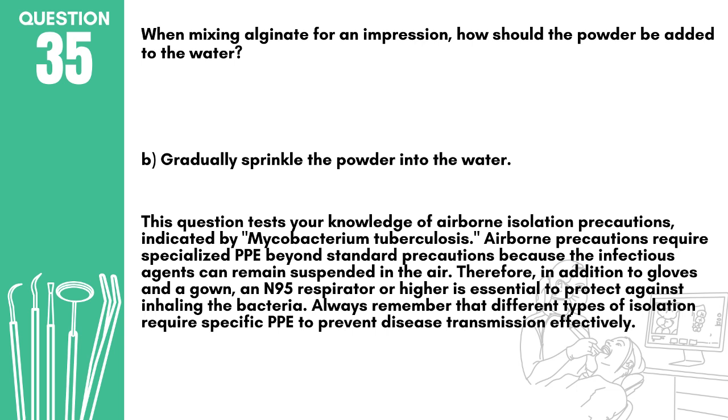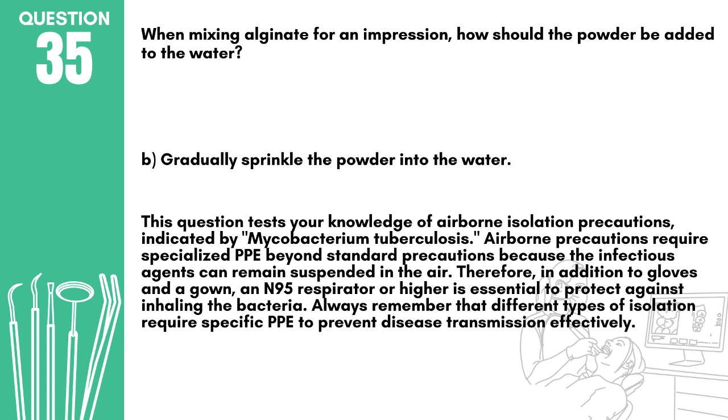This question assesses your practical knowledge of dental materials, specifically the proper technique for mixing alginate impression material. The concept is achieving a smooth, homogeneous mix. The correct method is to gradually sprinkle the alginate powder into the measured water.